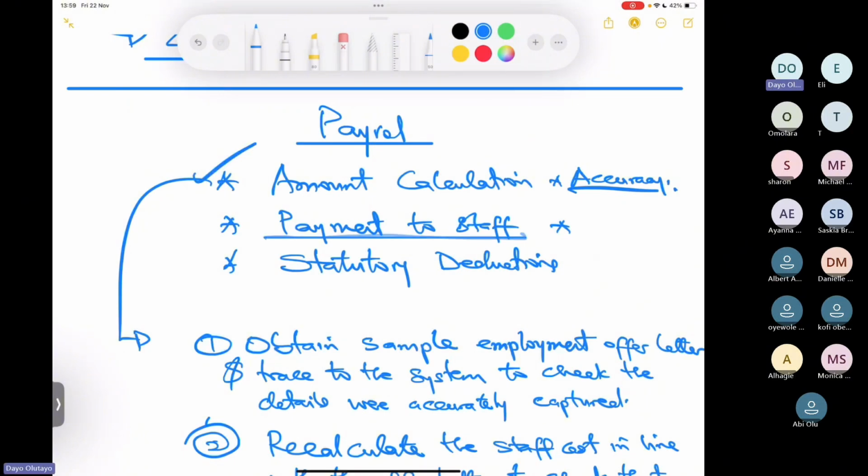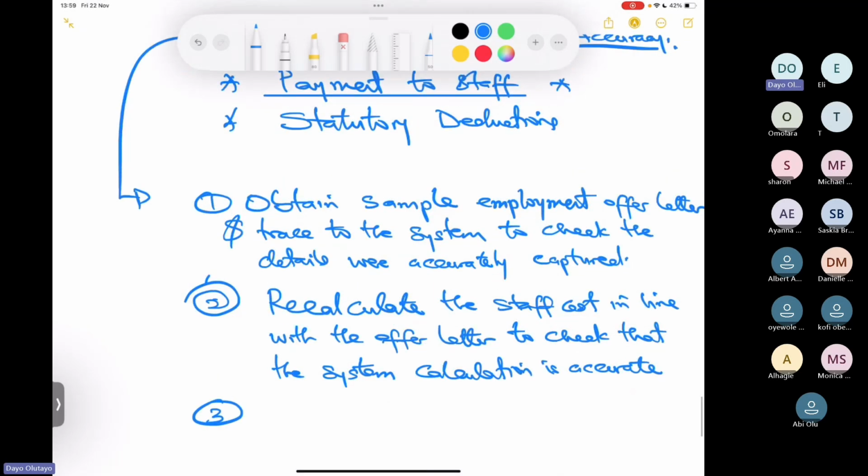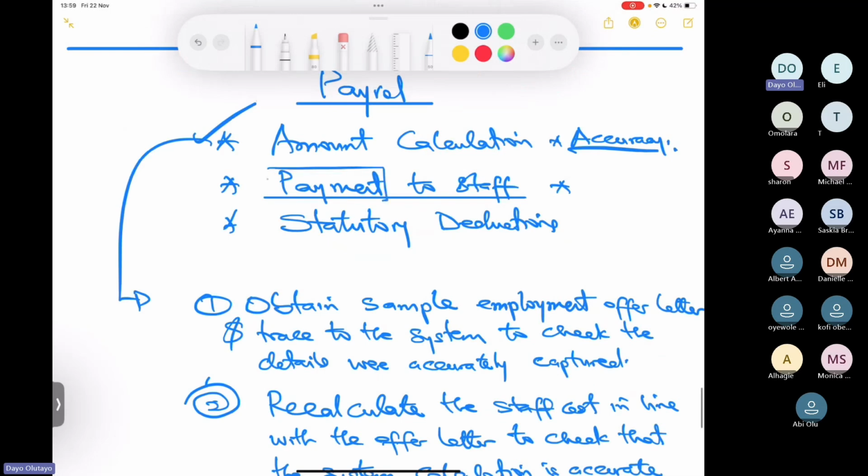You also need to be sure that they are not just calculating and not paying people. If they are owing their staff, there's a problem. So what you do, I've told you, anytime you see payment or receipt, it's all about the bank statement.